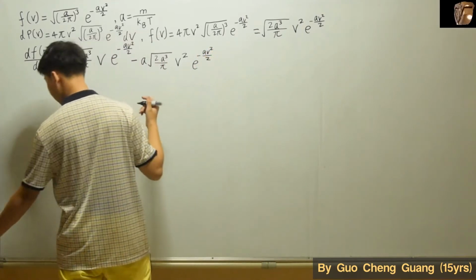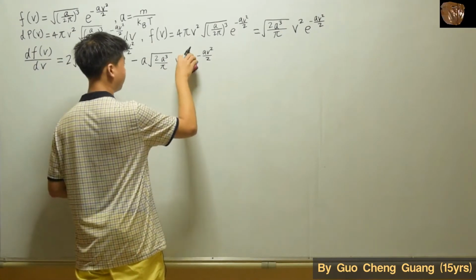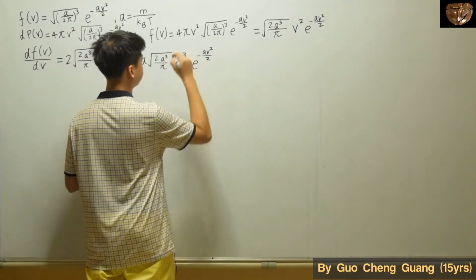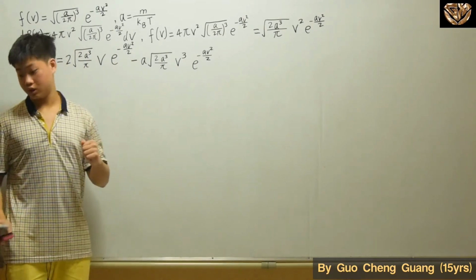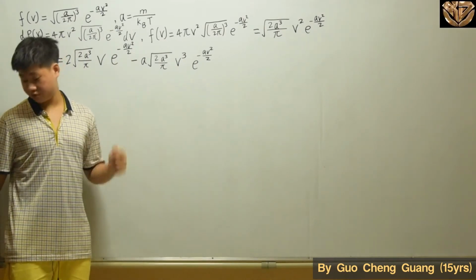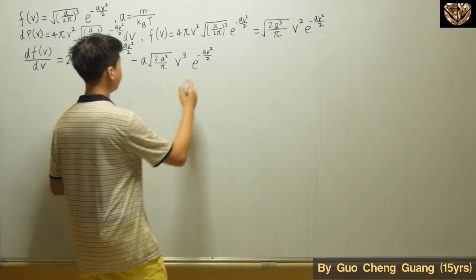But again, chain rule, so you're going to have v cubed. Alright? So is this clear of what you're going to see after you differentiate it?